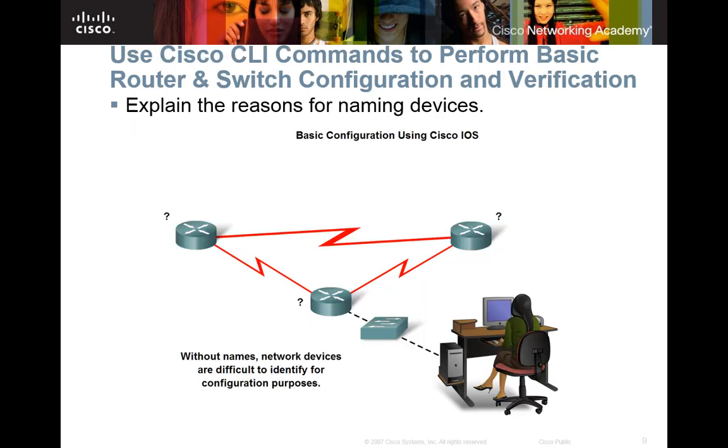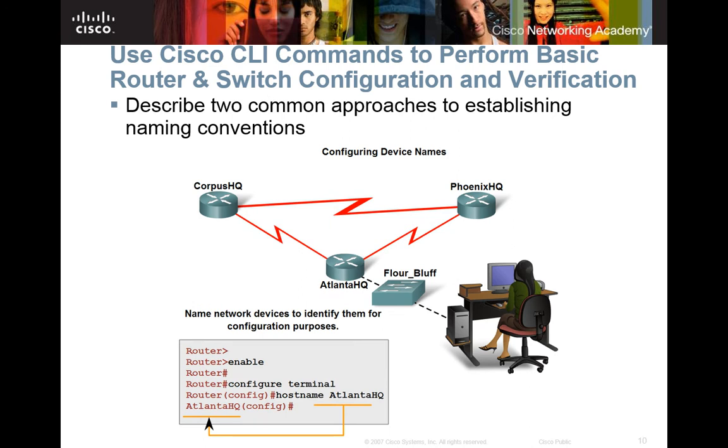All right. Without network names or devices, it's difficult to identify where traffic could be sent, right? So we go in here and we're going to put a host name for each one of the routers. Why is that important? Because if I had router, I don't know which router I'm talking about.